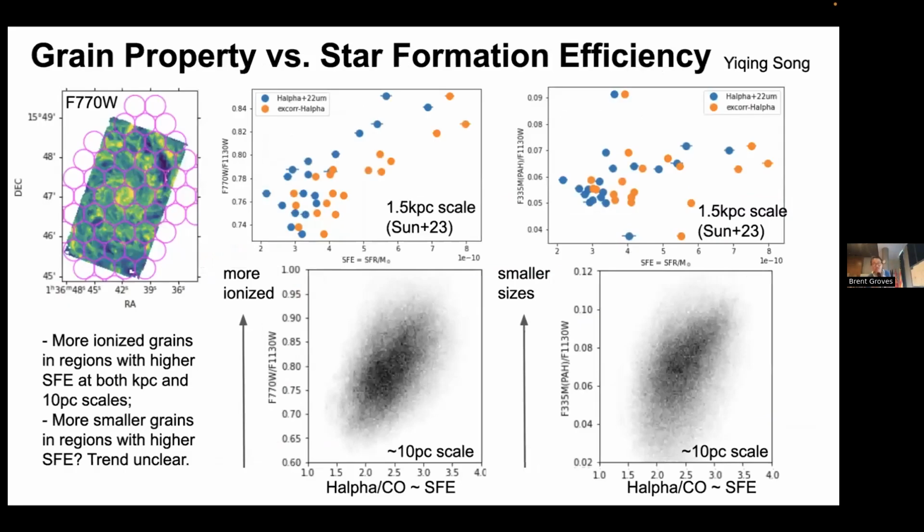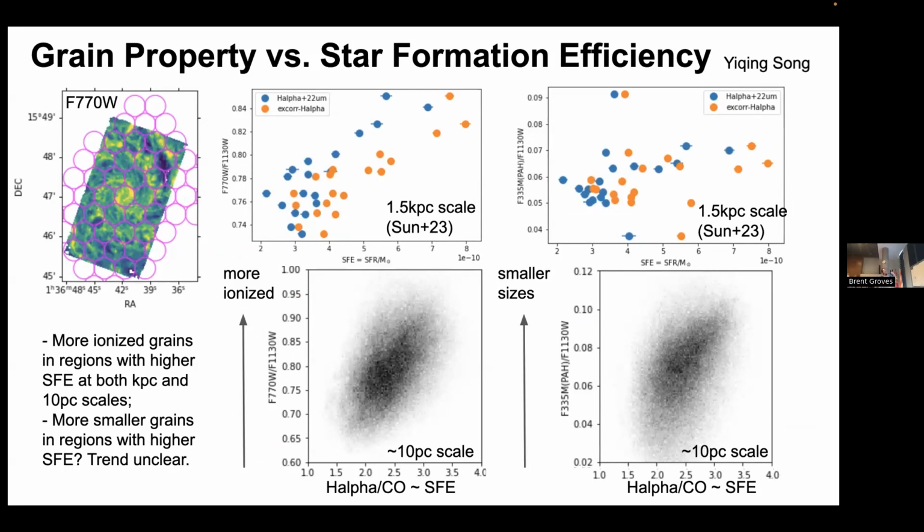Okay, lastly, very quickly, combining the information from H alpha and CO, we can also look at the star formation efficiency. I'm doing this on 2 scales: on kiloparsec scale with the help of the mega table that Fane's team published, and also on a 10 parsec scale with the data at hand. Overall, the trend is that in regions with higher star formation efficiency, we have more ionized grains, maybe on both kiloparsec and the smaller scales.